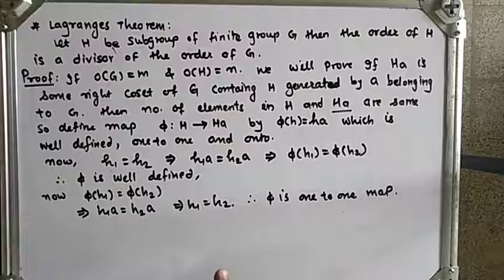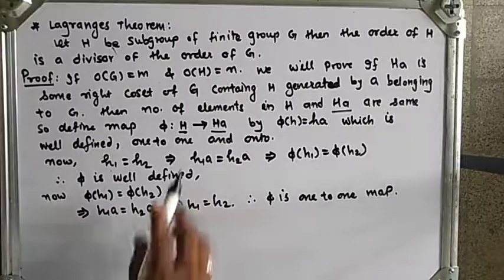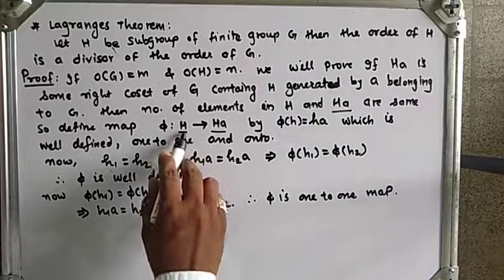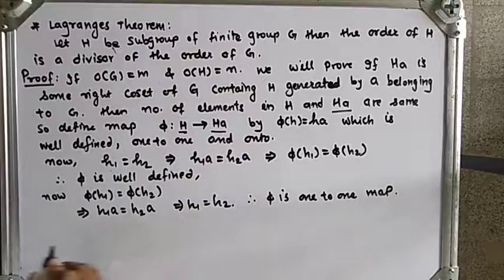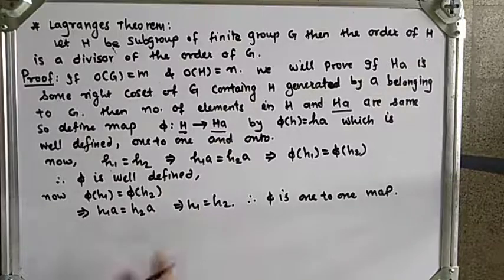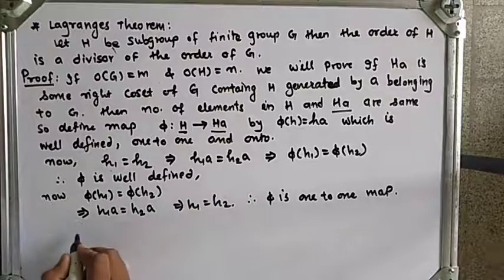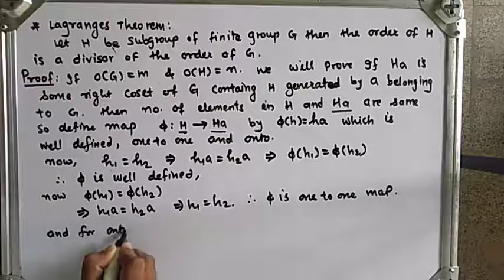Now let us prove phi is onto, so that the cardinality of H and the cardinality of HA will be the same, meaning the number of elements in subgroup H and in the right coset are the same. So let's prove the onto function. The function is 1-1, and for onto, what is the condition?